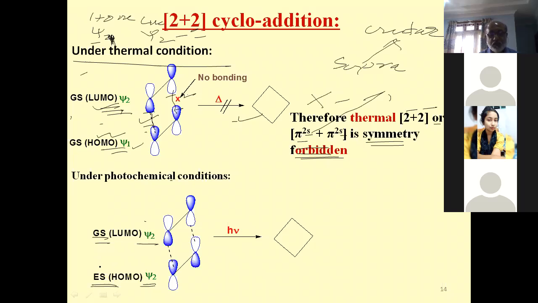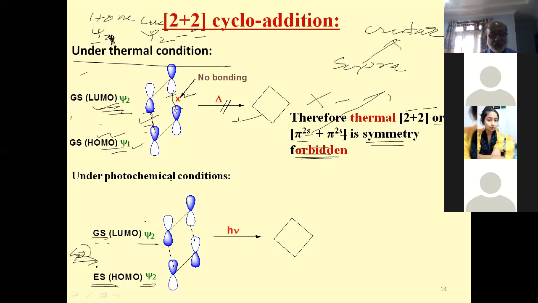When you give energy, photochemically exciting electronically, it is not that 100% of molecules go to the excited state. If there are 100 molecules, all 100 electrons don't jump. You also know something called quantum efficiency, which is never 100%, so some remain in the ground state.